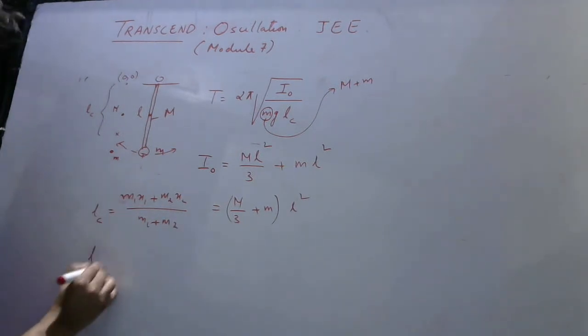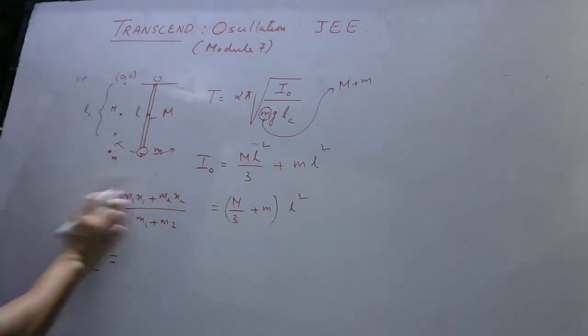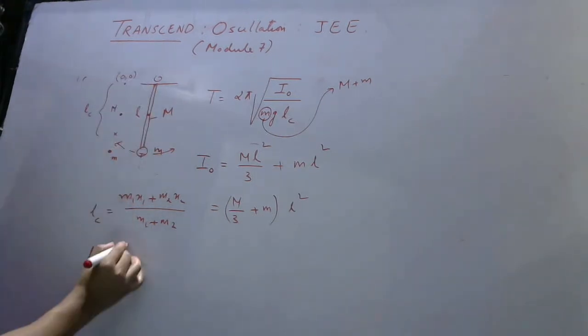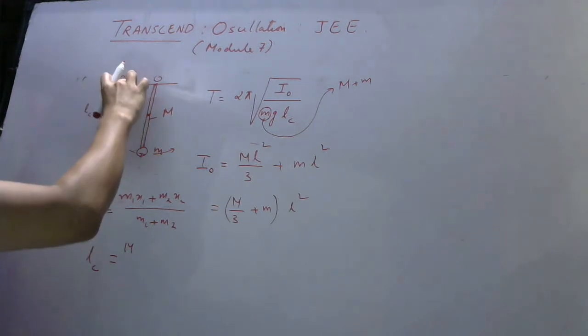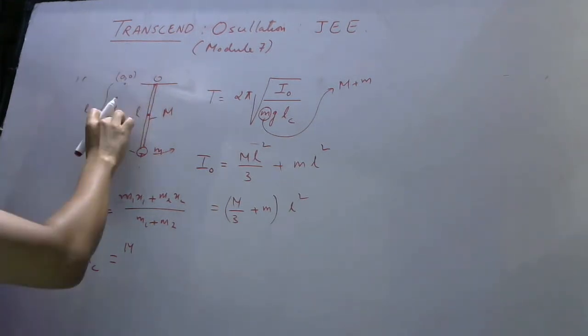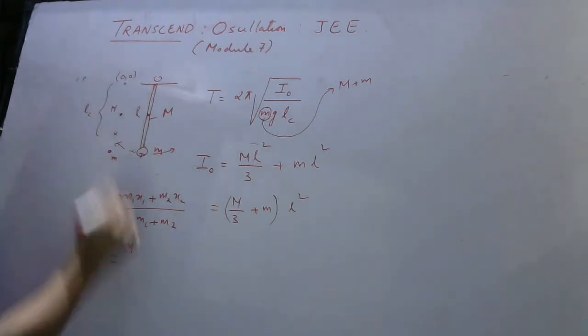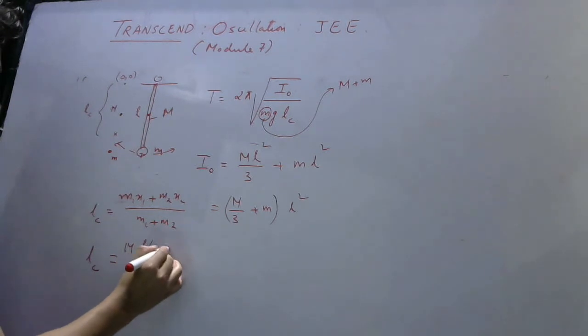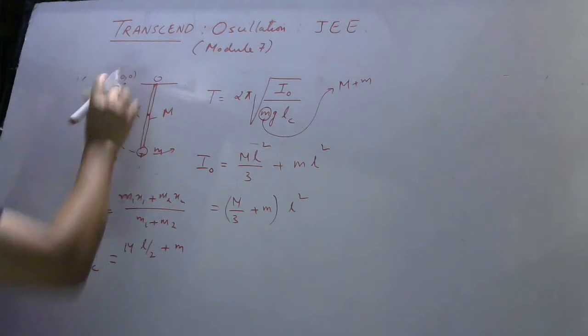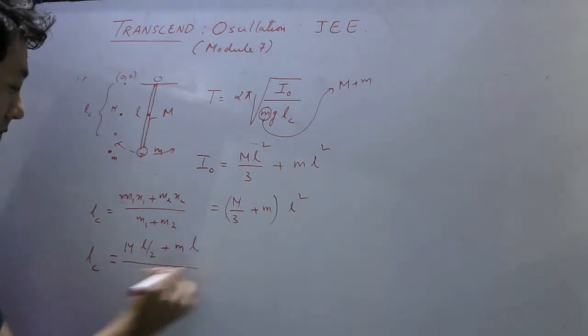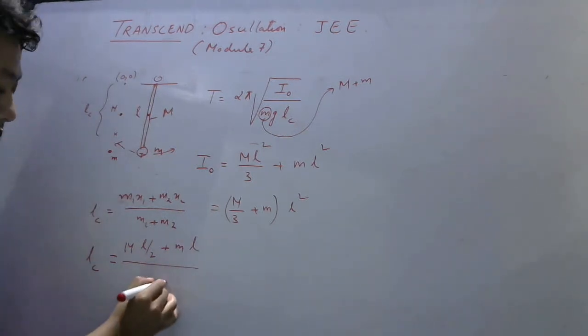So m1 is the mass of this rod, capital M, whole mass is concentrated here, so what would be the coordinate of this mass from the origin? L by 2. Plus the second mass is m. What is the distance from the origin? L, divided by M plus m.